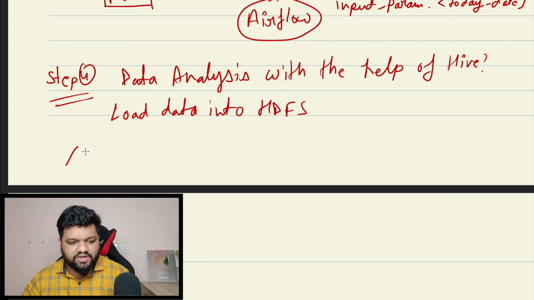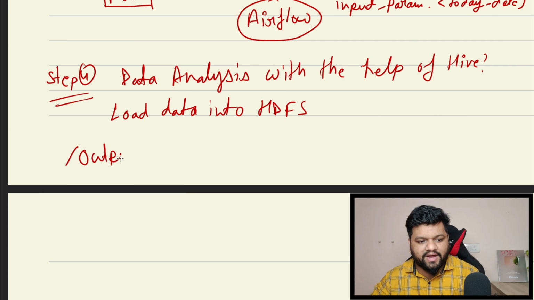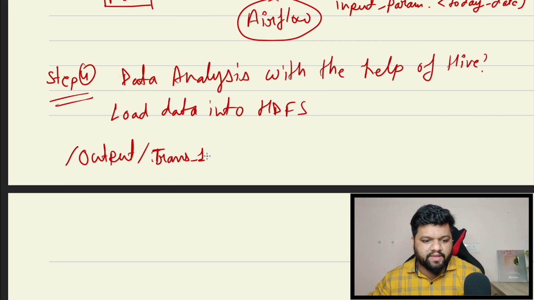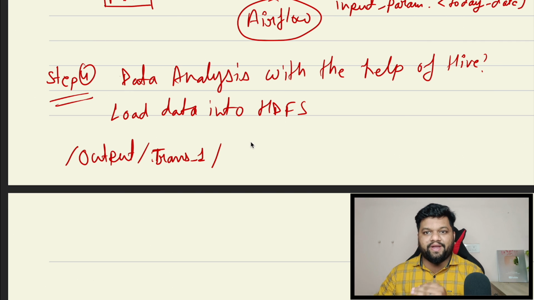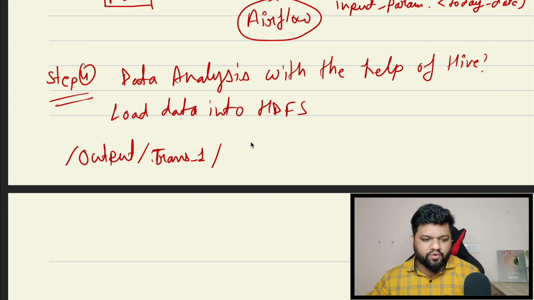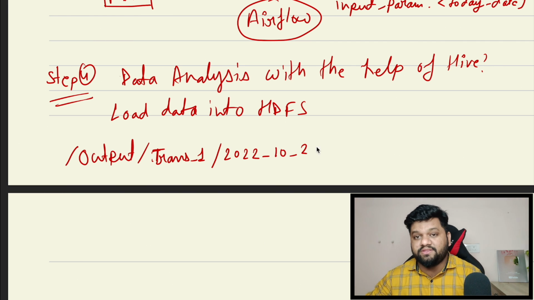So in that way, in the HDFS, we will create this kind of directory structure. Let's say output, and within that we will have trans_1, meaning transformation 1, and within that the date folders will be created. So let's say today, 26th of October, you produced some resultant data, right? Again you need to store it in .csv form. So here it will look like 2022_10_26 and then a forward slash.